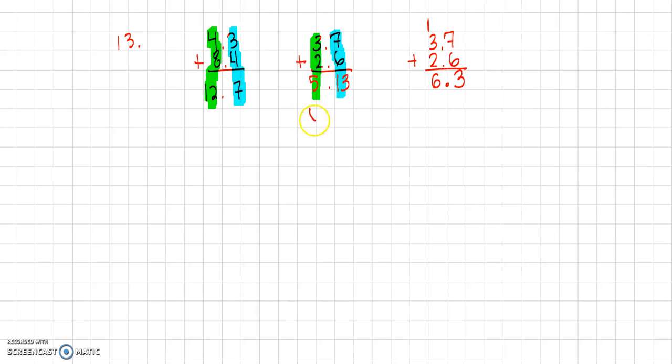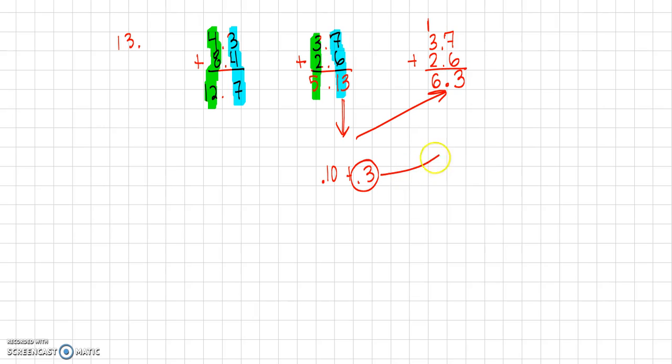A way to look at it from her mistake, this 13/10 right here, that 13/10 represents the same thing as carrying that 1. 13/10 is 10/10 plus 3/10.